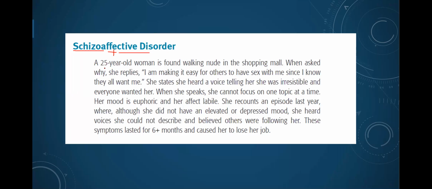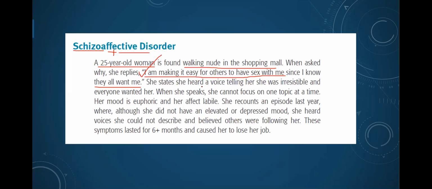Let's see the question. 25-year-old woman is found walking nude in the shopping mall. When asked, she replies, "I am making it easy for others to have sex with me since I know they all want me." So this is delusion.